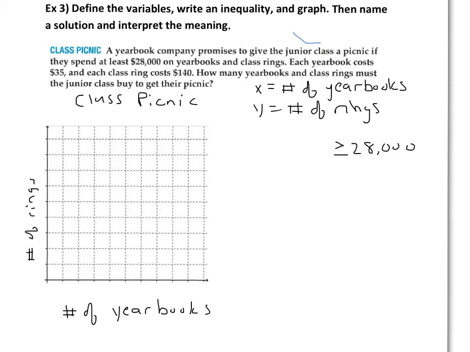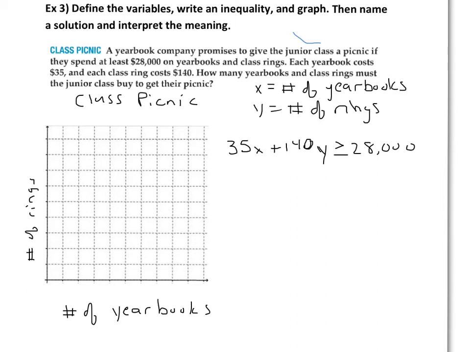And then it says $35 for a yearbook, and I've got a number of yearbooks, so I'm going to put 35x, and I'm going to add on my $140 for my rings, so 140y. Now, with all graphing, we must solve for y.